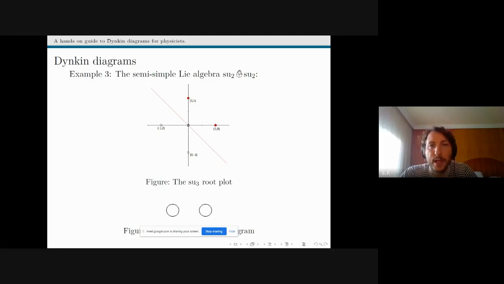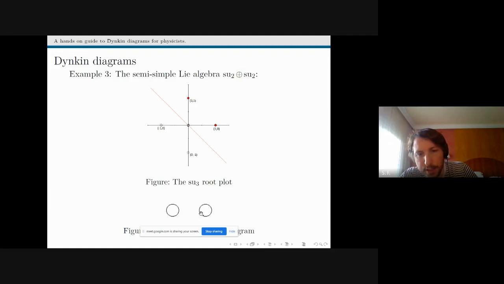Then we have SU2 cross SU2. Both of these simple roots are the same length, and there's 90 degrees between them. So if we look at the Dynkin rules, for 90 degrees you put no line connecting them. This makes sense when you think about it, because these 2 SU2s don't talk to each other. The SU2s sit in singlet representations underneath one another.